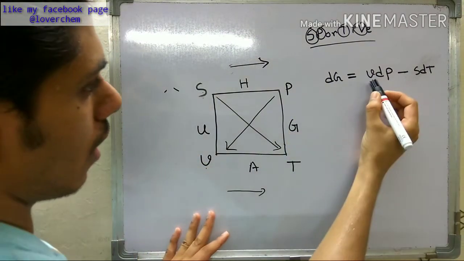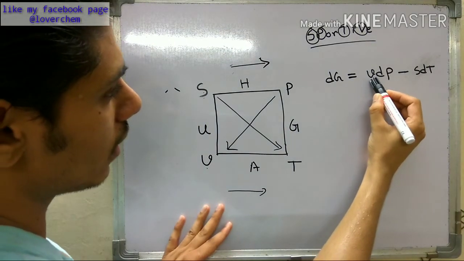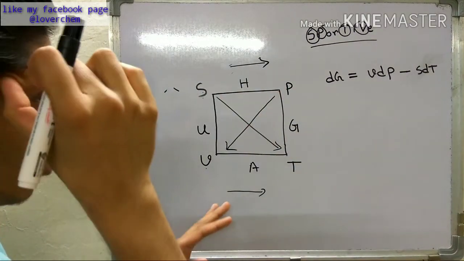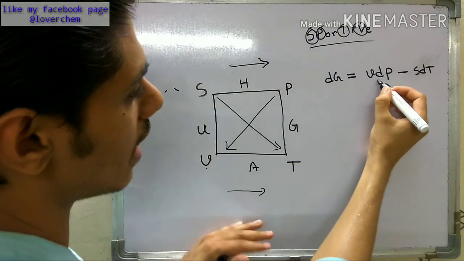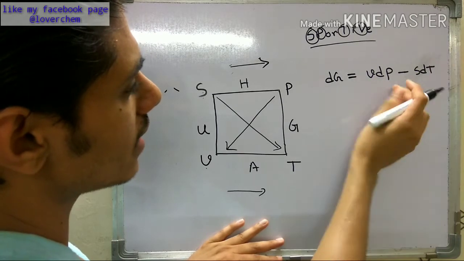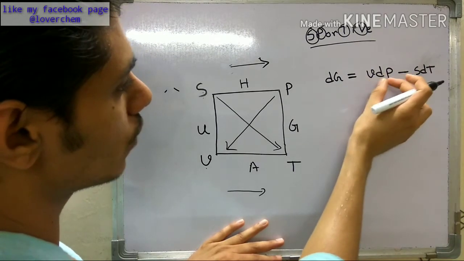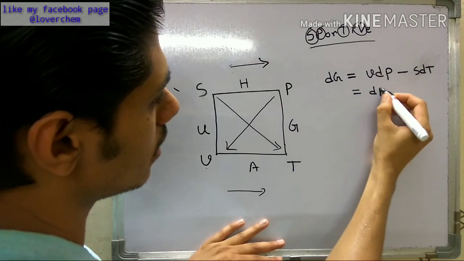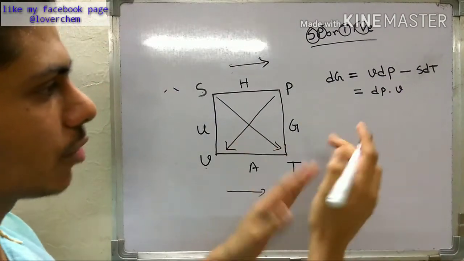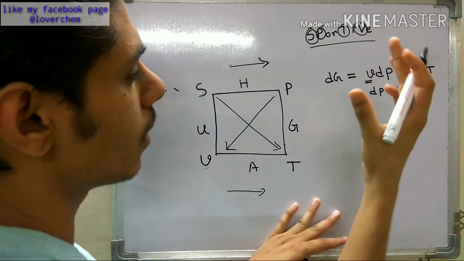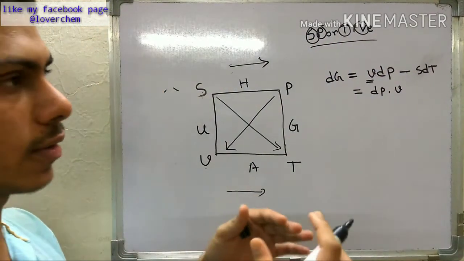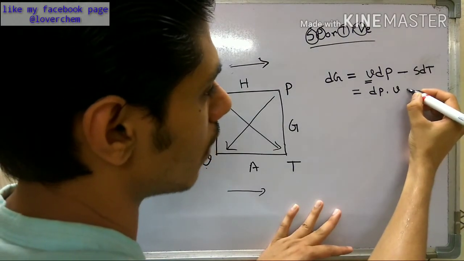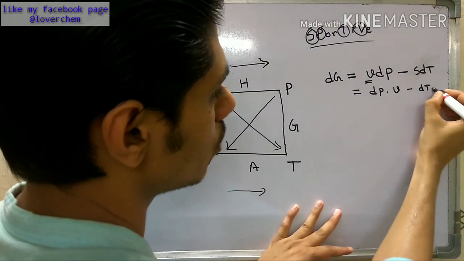Look, you are getting v dp, that means you are multiplying v with dp, but don't think of this as v dp, consider it as dp into v. Although the right way of writing is v dp, for the sake of simplicity you can take it as dp into v minus dt into s.